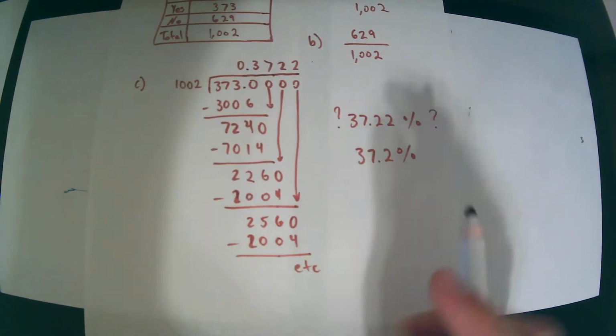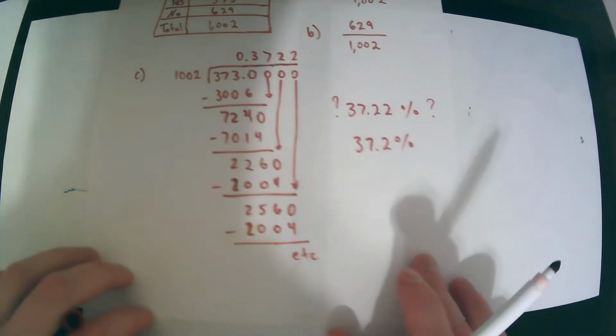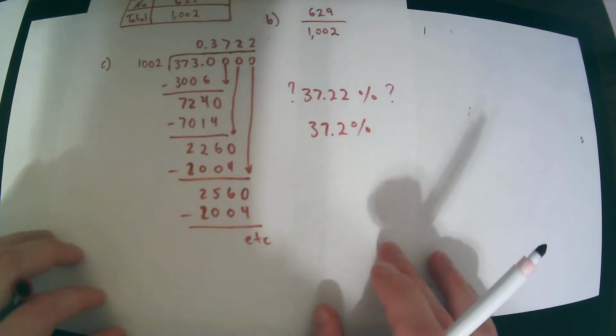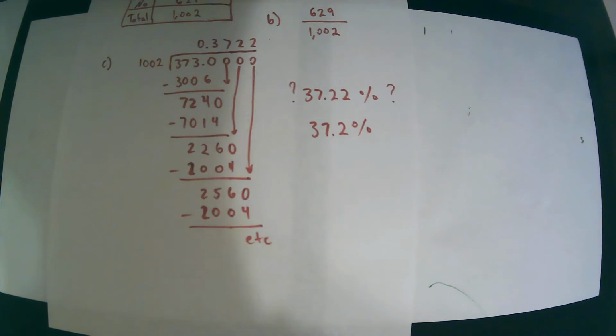Alright, now let's do part B, or finding this as a percent. Let's do it a little bit more sanely. I will do 629 divided by 1002 in the calculator.